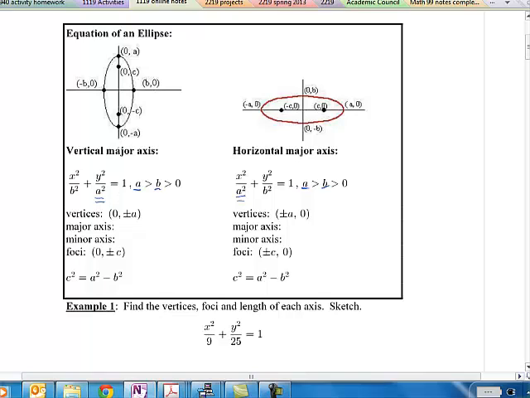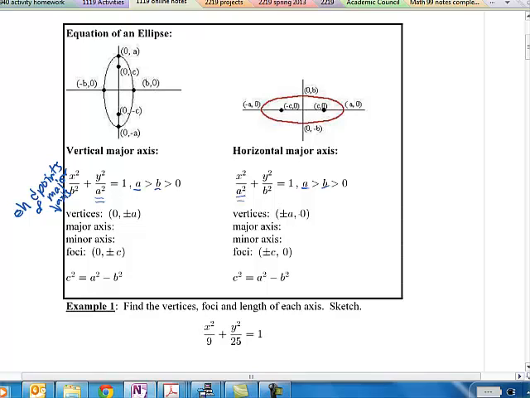The vertices are the endpoints of the major axis. And you can see here in this equation, if x is 0, we have y squared over a squared equals 1. So y would have to be positive or negative a.